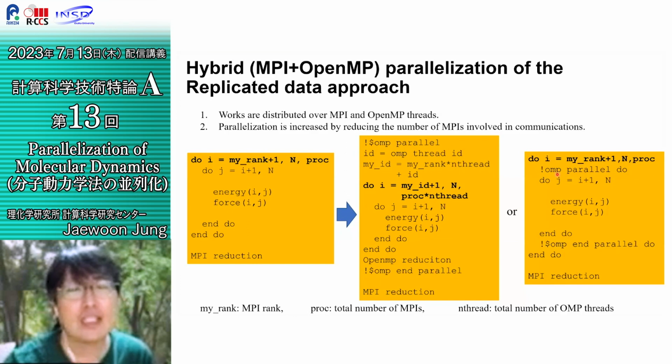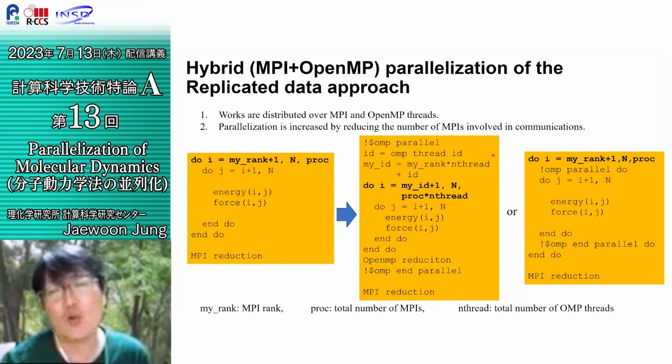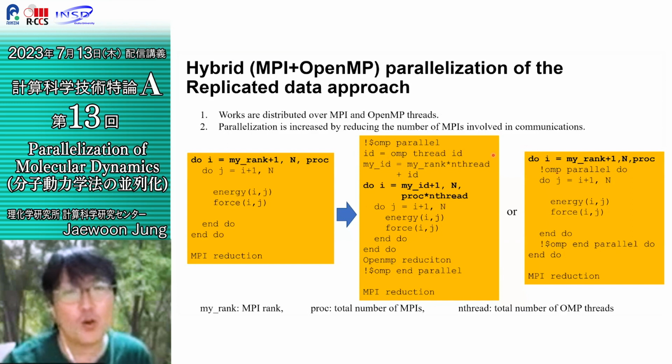It really depends on the case and the algorithm. But here I wanted to say that there are many ways to accelerate the speed or parallelize the code, by combining the rank ID of MPI and OpenMP, or just using the rank ID of MPI only.